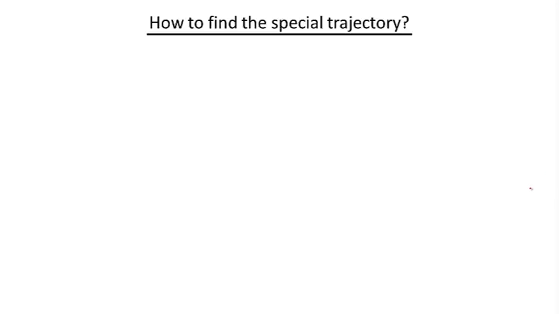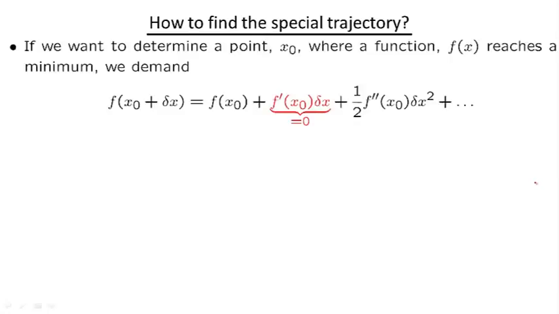We can motivate what is known as variational analysis by, again, a simple analogy using the usual functions. Suppose we have an arbitrary function f of x, which has a minimum, or maximum in principle, somewhere, but let's assume it's a minimum, and we want to determine the point where this minimum actually occurs. For this, I can again use the Taylor expansion of the function f in the vicinity of the point x0 that I'm trying to find.